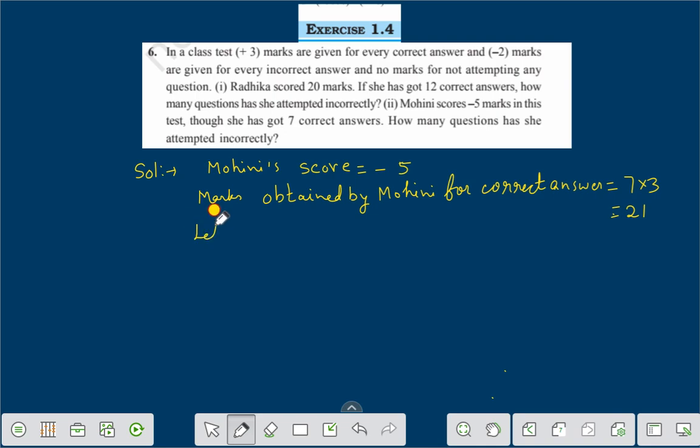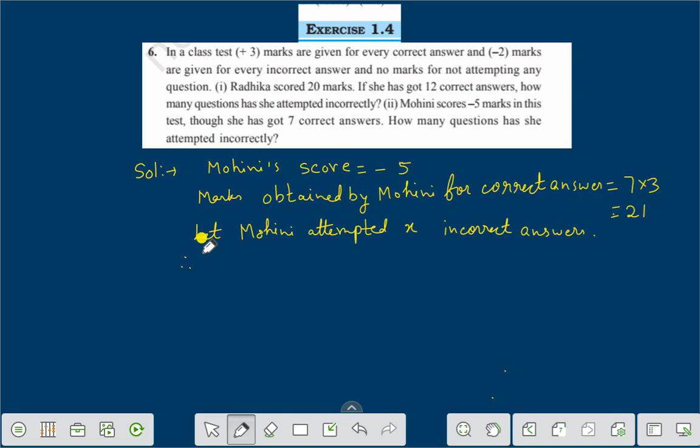Let Mohini attempted x incorrect answers.